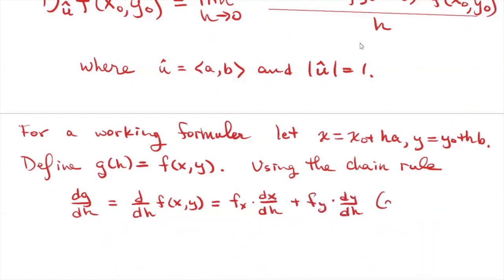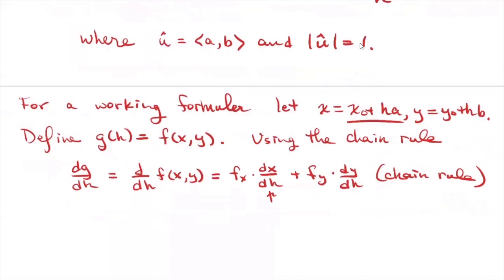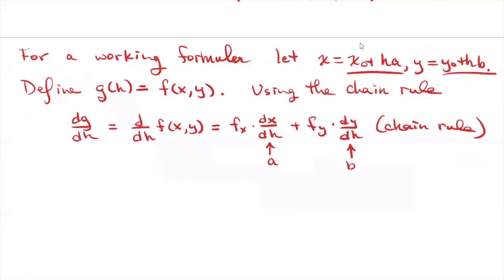That's the chain rule. But note, dx over dh, you're just taking the derivative of this, and the only variable there is h. So dx over dh is a. And dy over dh, again, the only variable is h, so the derivative is b. So this is a times f x plus b times f y.